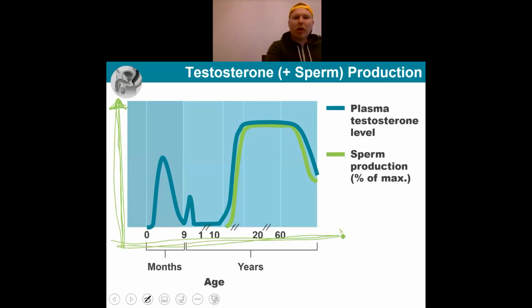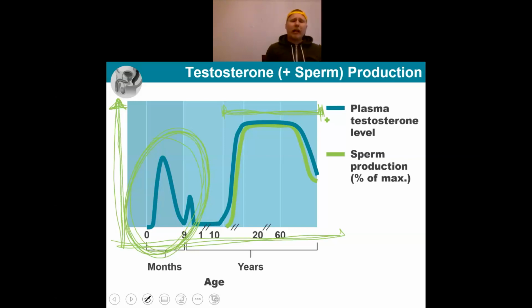Notice that during the early development, the testosterone levels climb up as the differentiation between the male and female characteristics early in the development takes place. And then once we reach puberty, the testosterone levels increase as well as we start to produce the sperm, and sperm production really continues far into adulthood, dropping only very, very late.